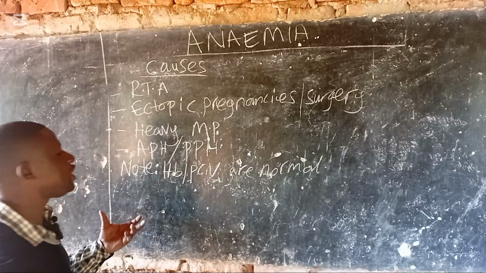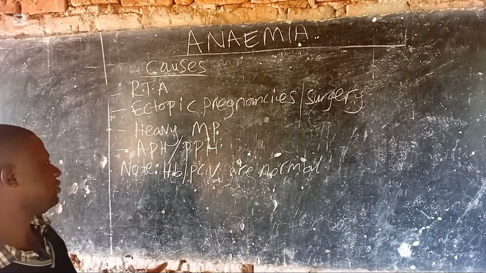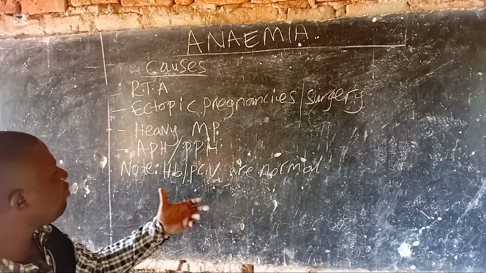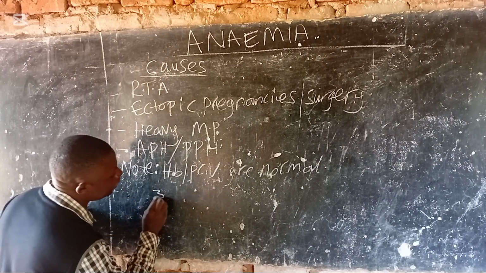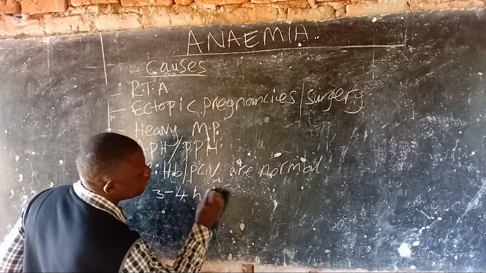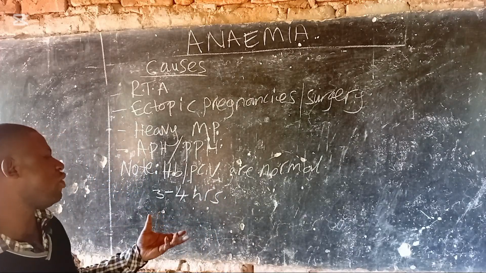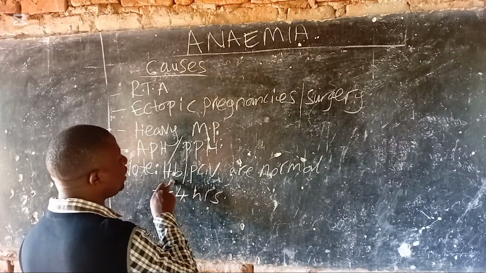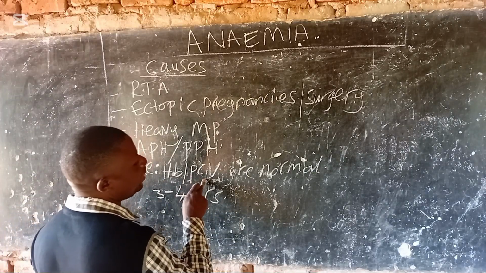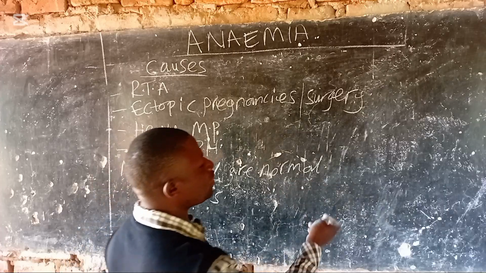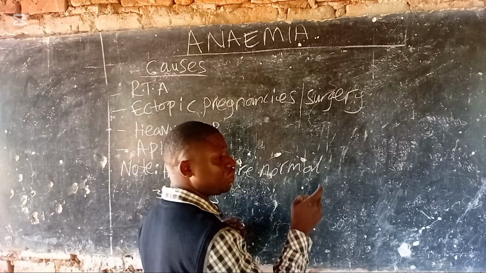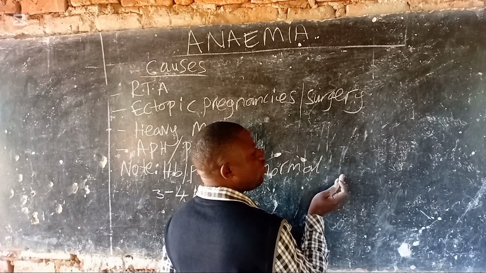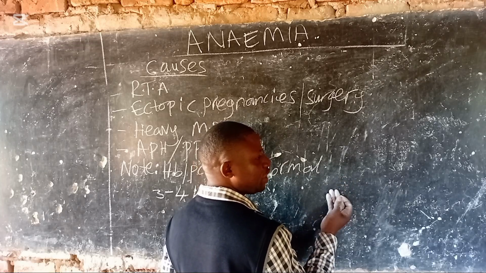But when you look at the patient, he is almost dying. So this test will change to abnormal after like 3 to 4 hours. At first the HB and the PCV are normal. Why is it? Because there is constriction in the blood vessels, or vasoconstriction.